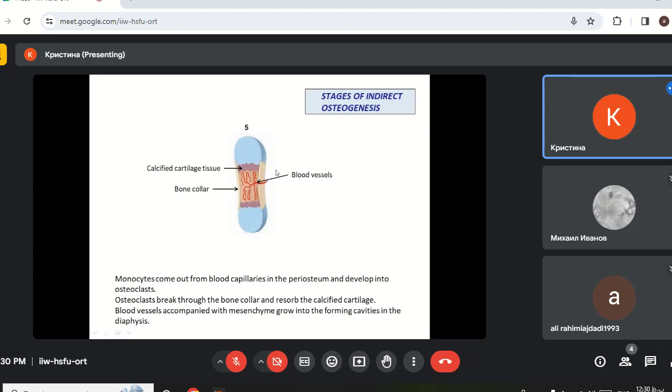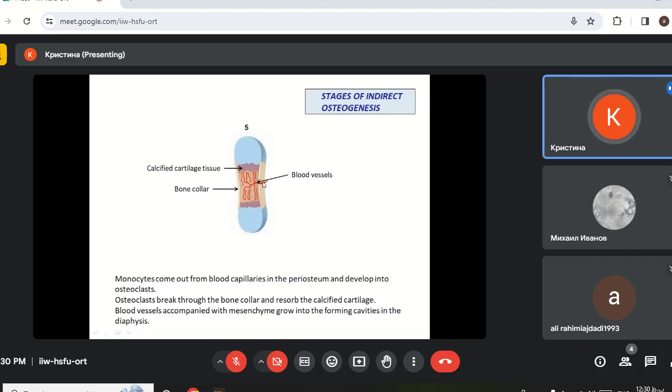Next, the blood vessels which surround our future bone become very numerous in this area. From blood capillaries, the monocytes go out and they develop into osteoclasts.